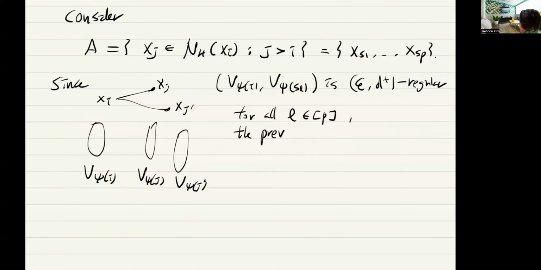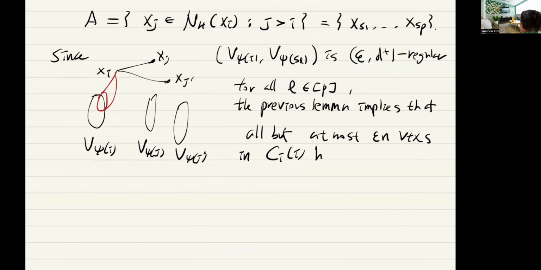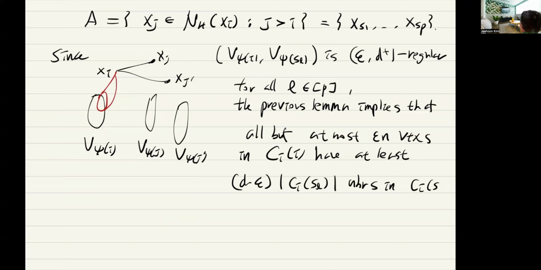The previous lemma implied that all but at most epsilon n vertices in the current candidate set have at least d minus epsilon times the size of C_i of SL neighbors in C_i of SL.